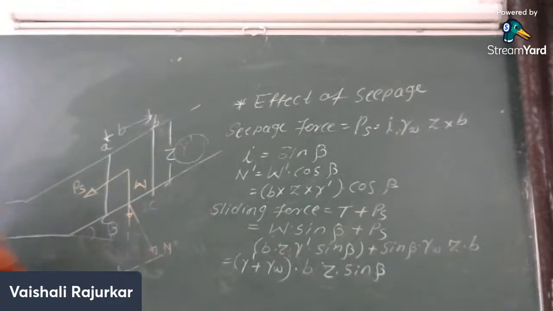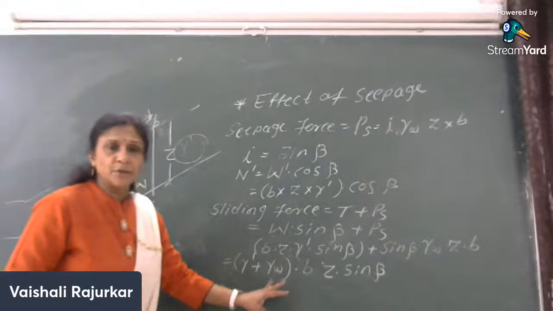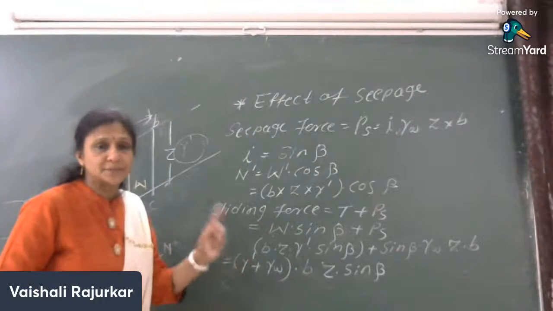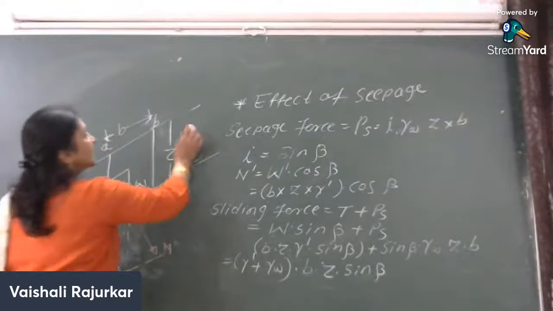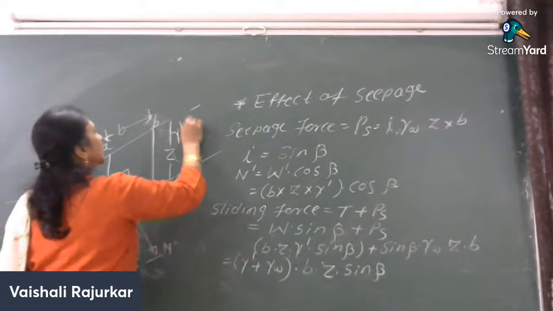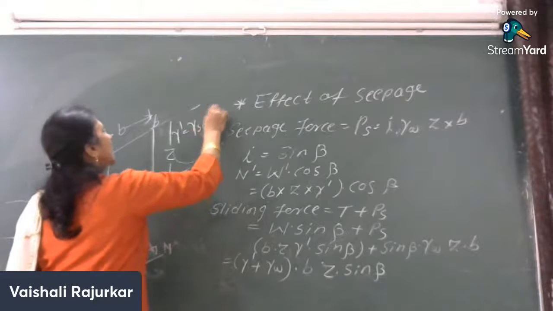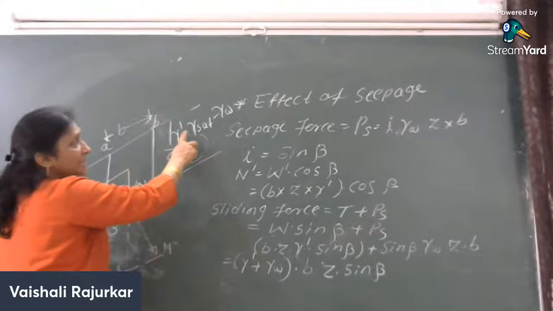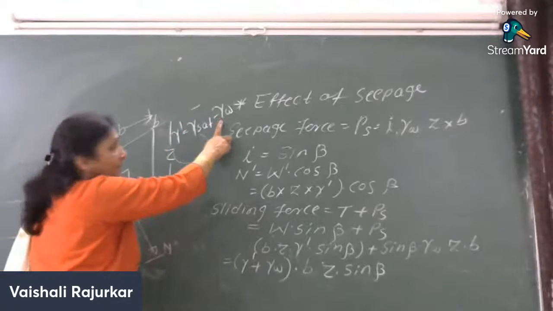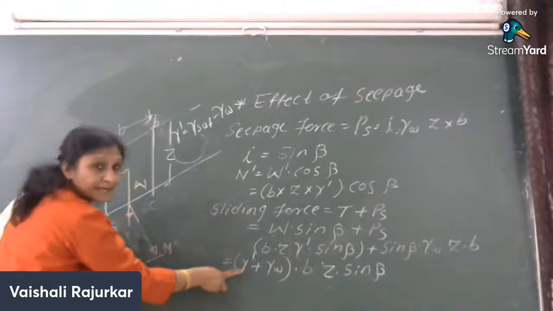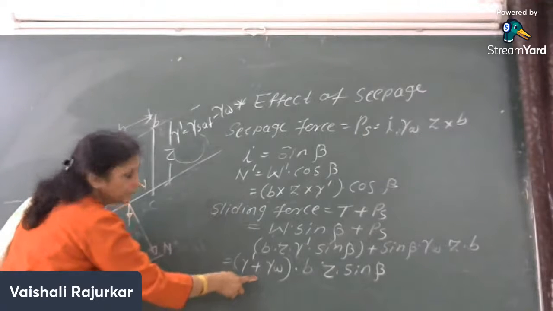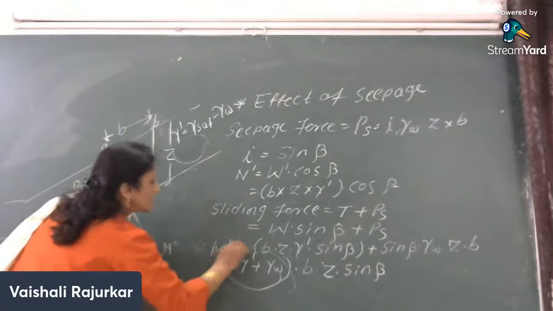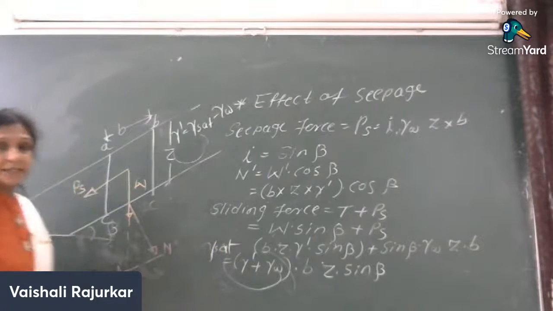Now what is gamma dash plus gamma W? Gamma dash plus gamma W is gamma saturated. How do we get this? Gamma dash is equal to gamma saturated minus gamma W. Therefore, when we consider gamma submerged plus gamma W, it will be gamma saturated, that is the saturated density of the soil.